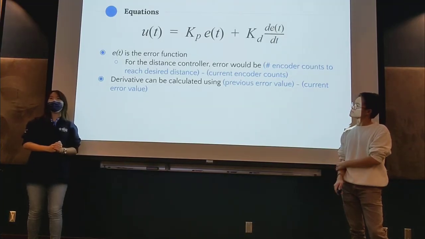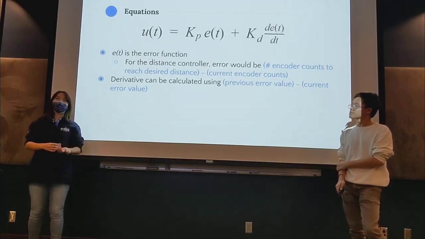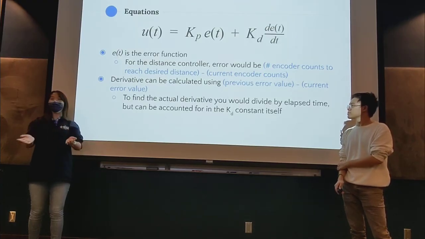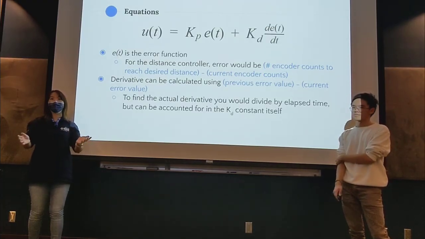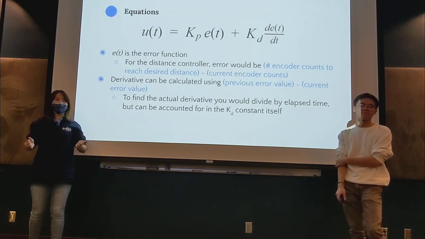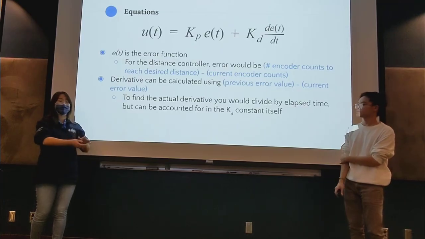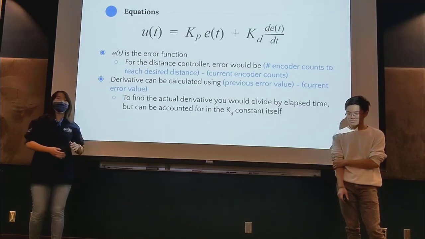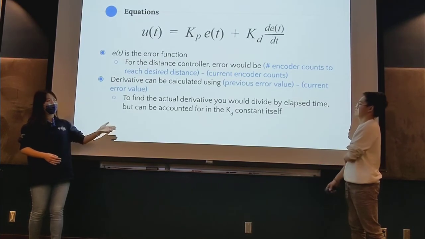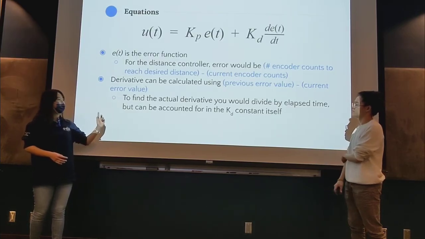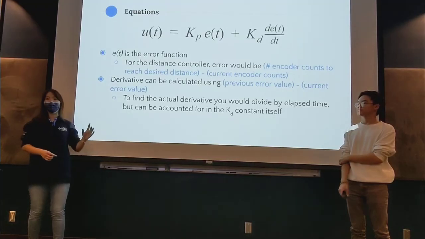The derivative can be calculated using the previous error value subtracted by the current error value. I'm assuming everyone here has taken at least a little bit of calculus before, right? So we all know the derivative is defined as the change of a function over an infinitesimally small time. To find the actual derivative, you would divide by elapsed time. I know I said previous error value minus current error value, but that can be accounted for by the KD constant itself.